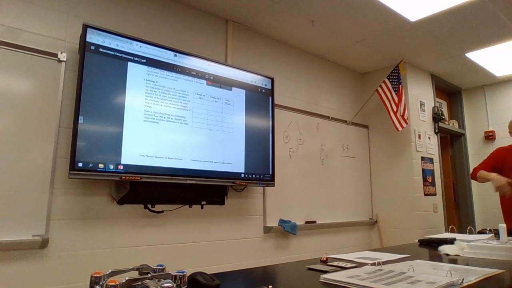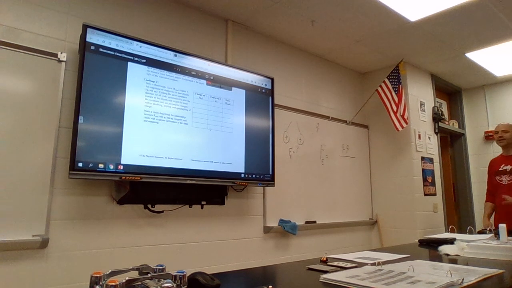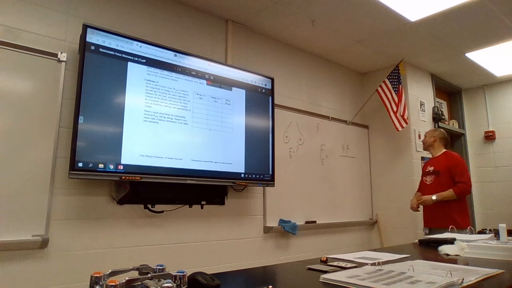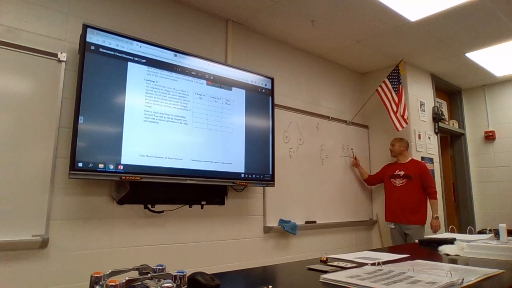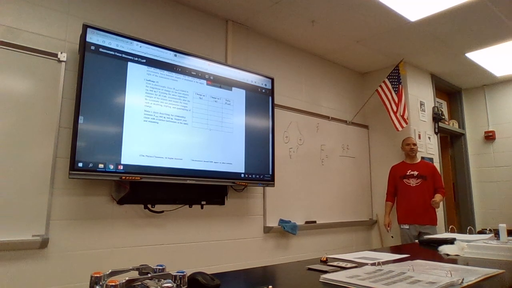How do we know it's not the sum of the charges? Well, this again is a mathematical relationship too, and I don't want to dig into that too deep today. But the greater the charges, the greater the magnitude of the force. That's a direct proportionality. But you probably would have seen too that if you doubled one of the charges, what happened to the force? Did anybody do that?